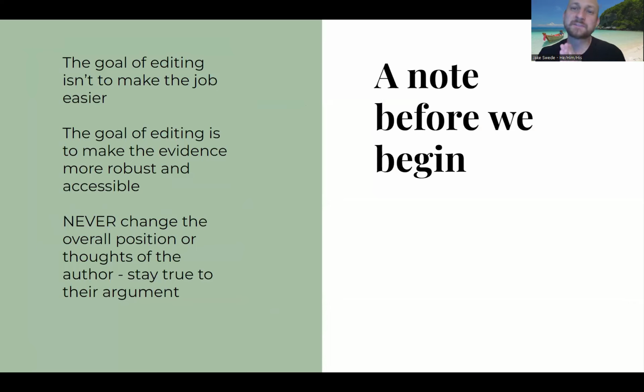Before we get into the actual techniques itself, I want to make sure to be clear and note that the goal of editing is not to make this job easier. The goal of editing is to make the evidence more robust and accessible. So we want to filter out all the stuff that makes the evidence not robust or not accessible or too long or too convoluted.